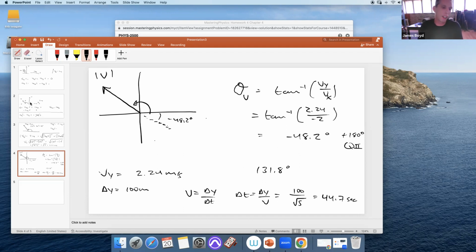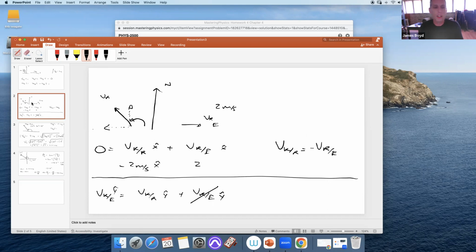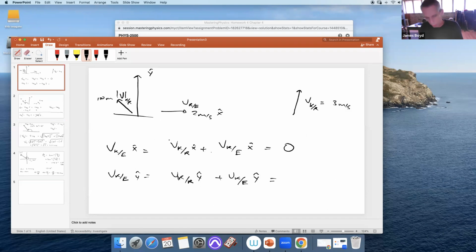But the main takeaway here was, one way to do this is to use velocity addition with subscripts. Then you had to realize that after he begins to kayak, he should have no x velocity. So his velocity in the x direction needs to completely cancel the current of the river.